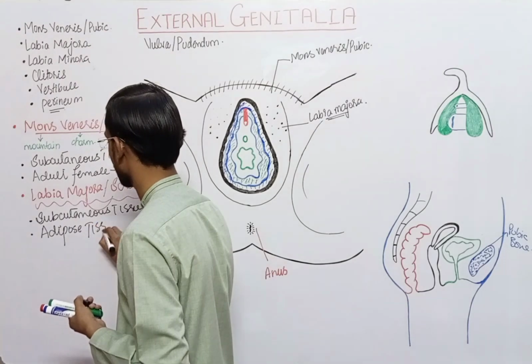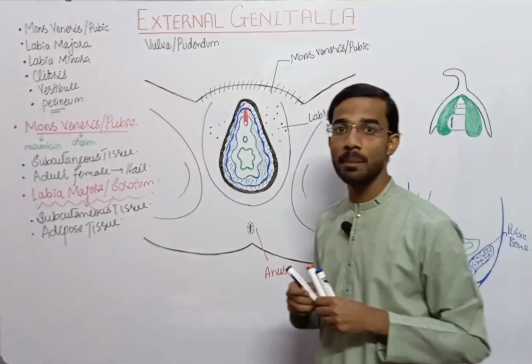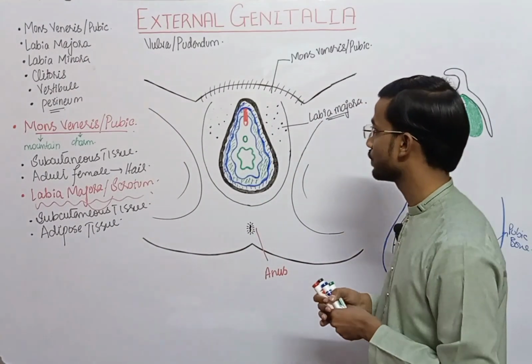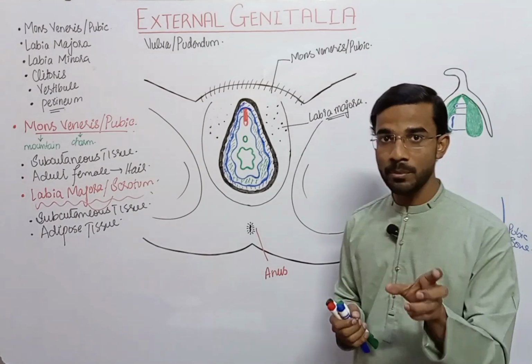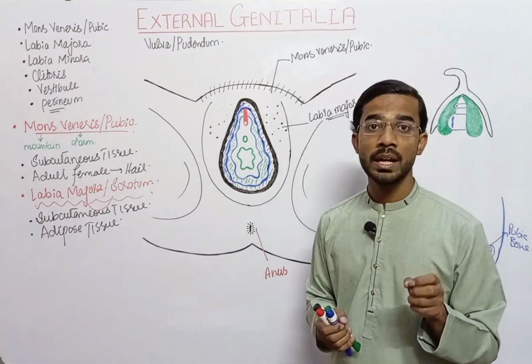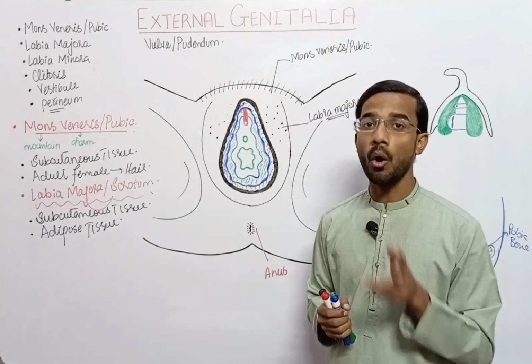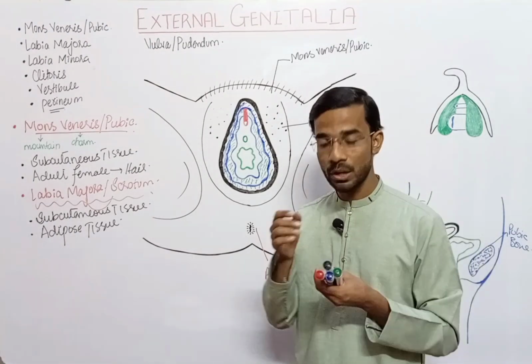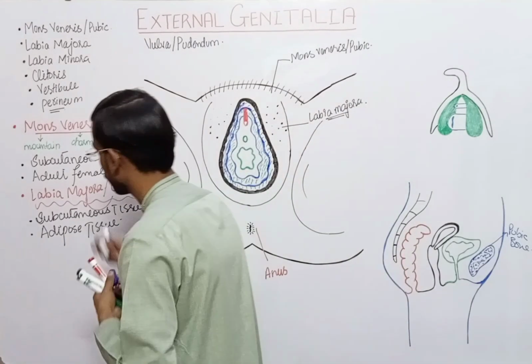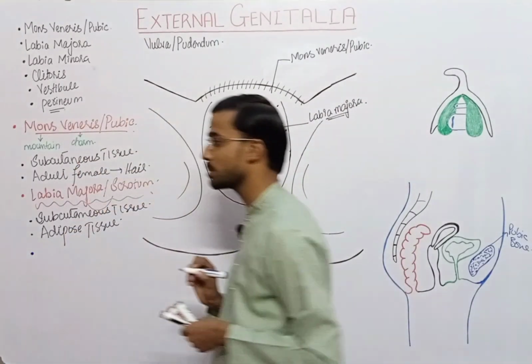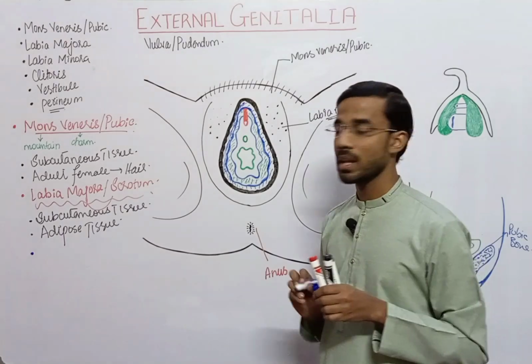In the labia majora you also see many glands present, like the sebaceous, or oil, gland, and hair follicles. Three major components are present in the labia majora.